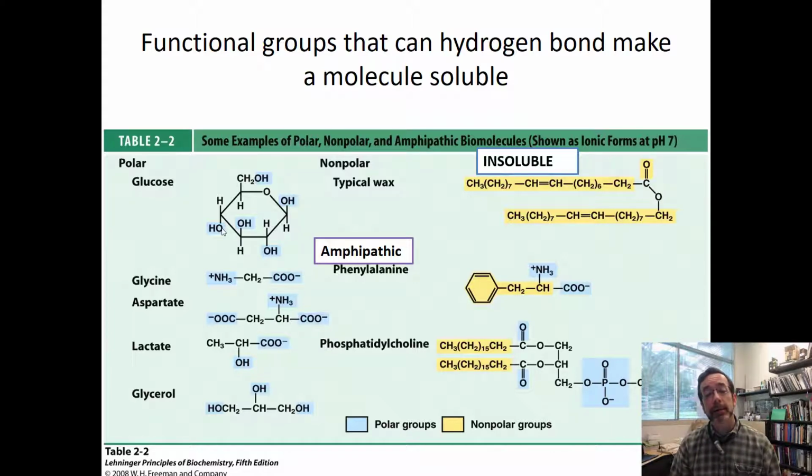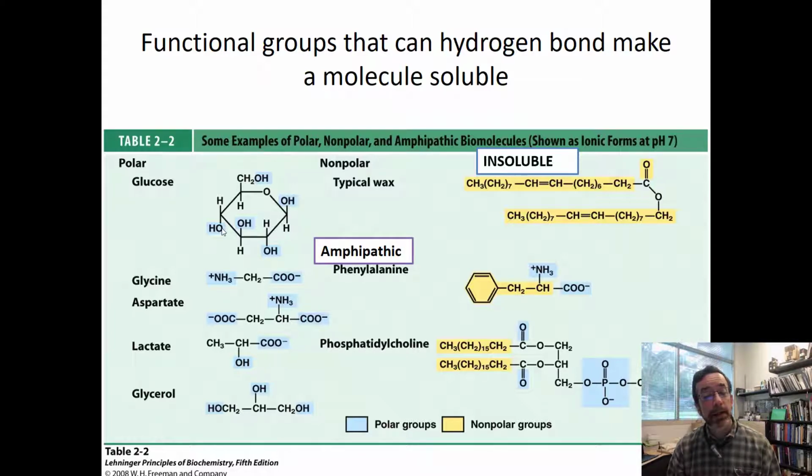Then you get combinations of the two. When you have something that has both yellow nonpolar groups and blue polar groups on it, then it depends on how much it will dissolve in water. It will have part of it that will dissolve well and part of it that won't dissolve well in water.